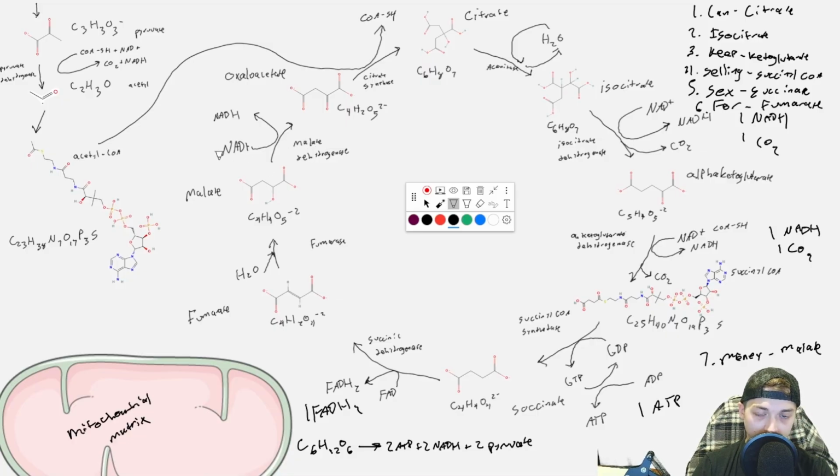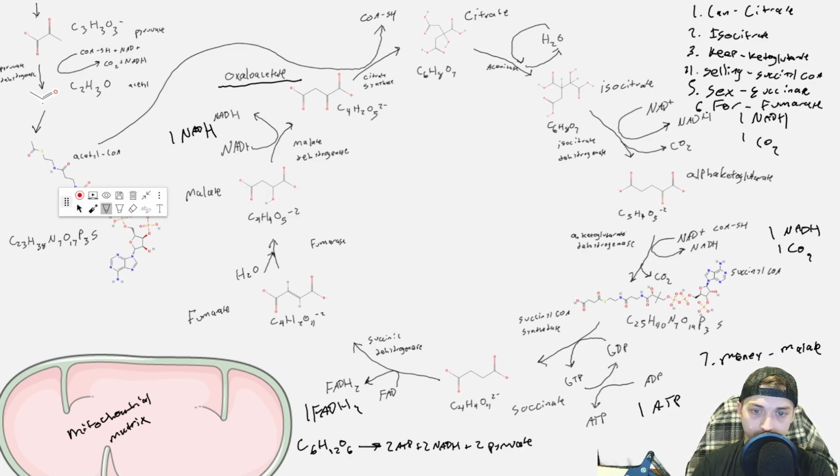And in this step, we are going to get an NAD and an NADH. So one NAD is going to become one NADH. Then we are going to get oxaloacetate, and then this whole cycle goes around again.